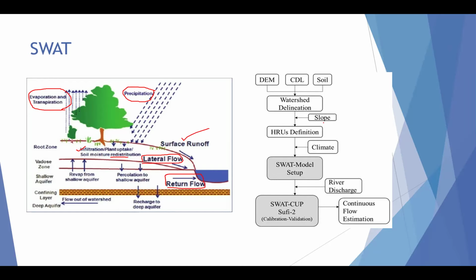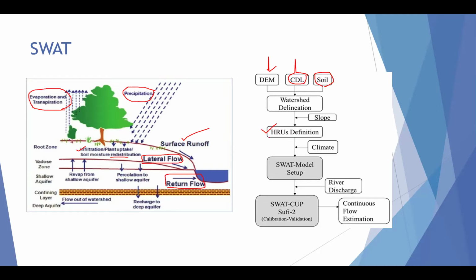Now if you see here, the inputs that we generally use are the DEM, crop data layer, or sometimes you call it land use, and soil. These are the data sets we generally use. You delineate the watershed, you give the slope, and then you bring up the hydrological response units, which are similar units.